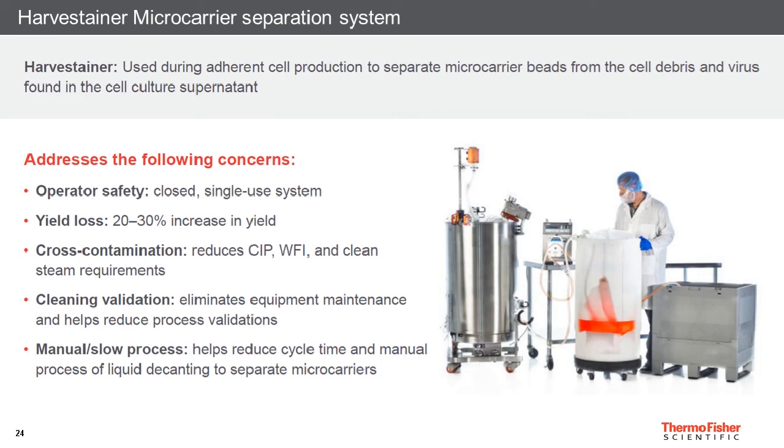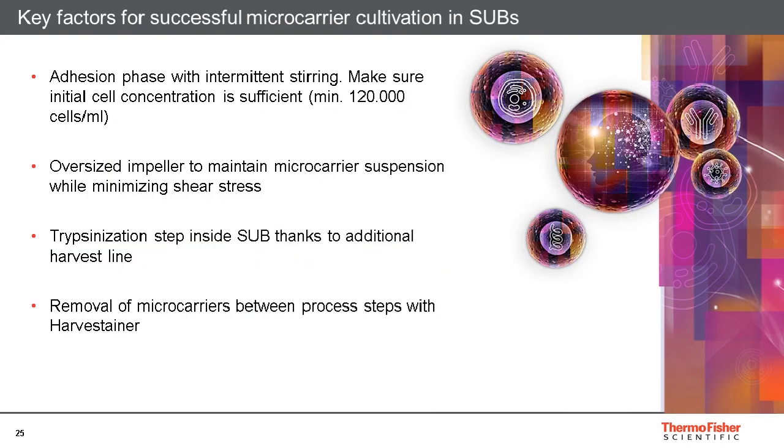And so with this, we were really able to prove that it's possible to scale up the adherent cell culture in bioreactors in a very efficient way. Again, there are a few factors to keep in mind.